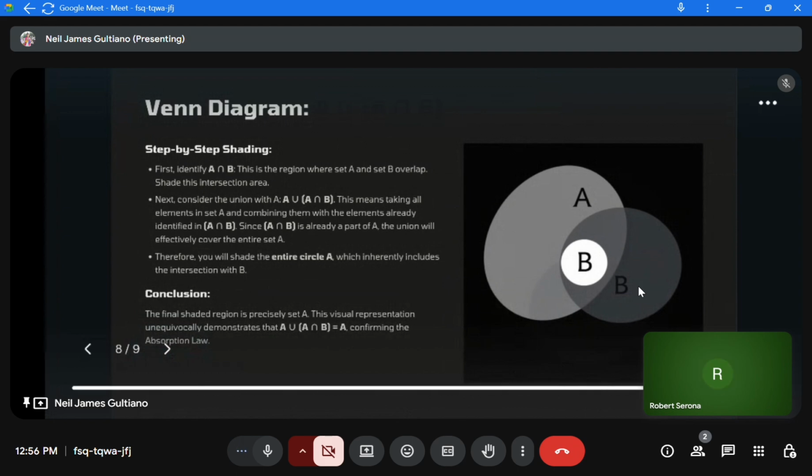Since A intersect B is already inside A, adding it does not change the boundary of A. So the final shading becomes the entire circle A. This shows that A union the set of A intersect B simplifies to A. A absorbs the intersection because it is already part of A. This visual proof clearly confirms the absorption law.